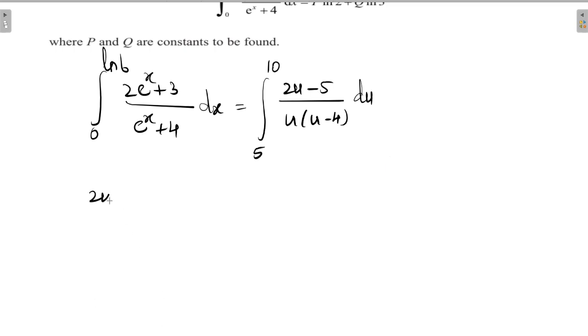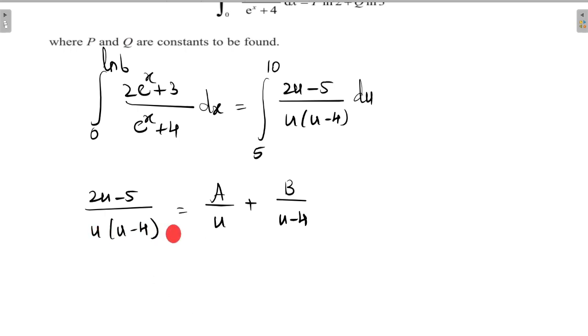So, 2u minus 5 by u into u minus 4, which is equal to a by u plus b by u minus 4. Now both denominators are equal, u into u minus 4, here also u into u minus 4.